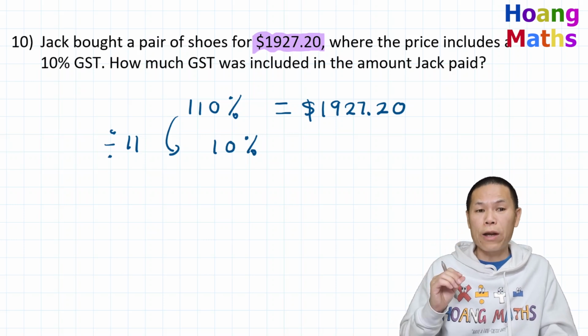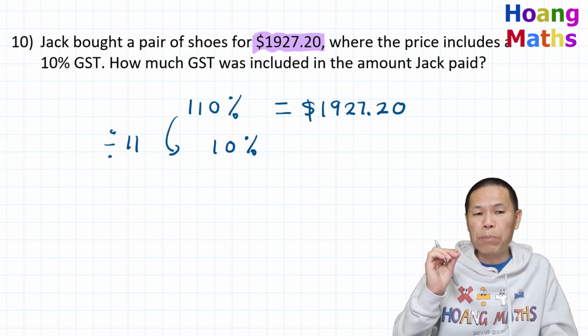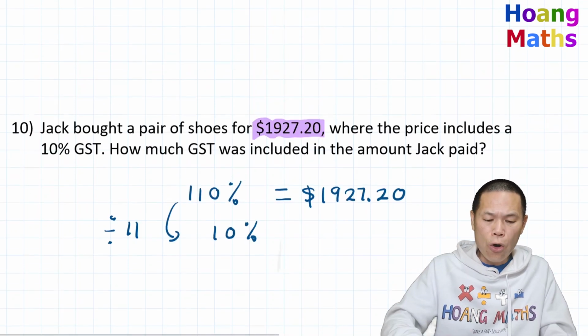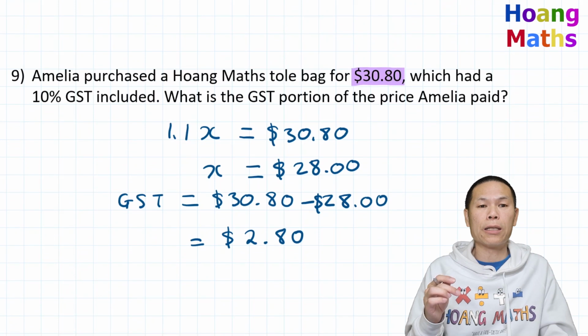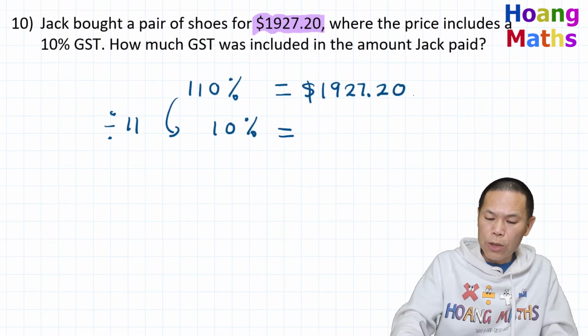Of course, you can do whatever method you like. You can do the unitary method: you work out 1% first, then scale up to 10%, and that will give you the GST. Or you simply can use this method. From here to here, I divide by 11.